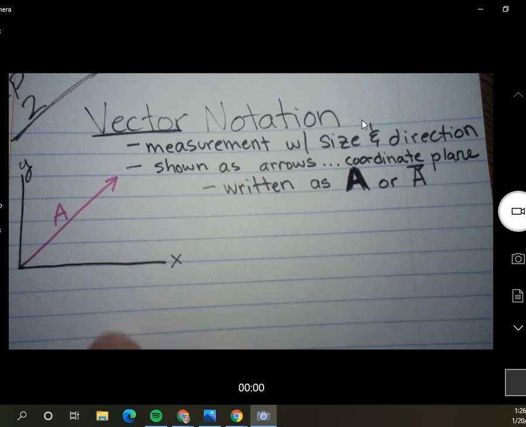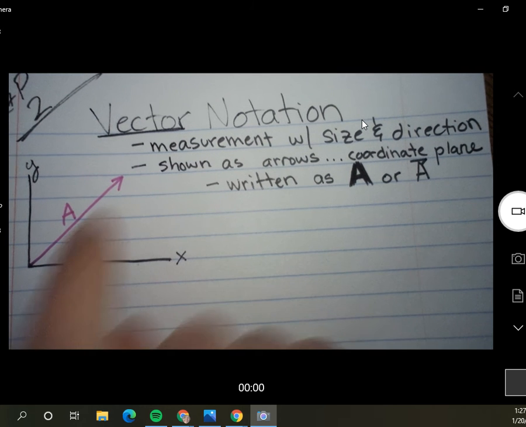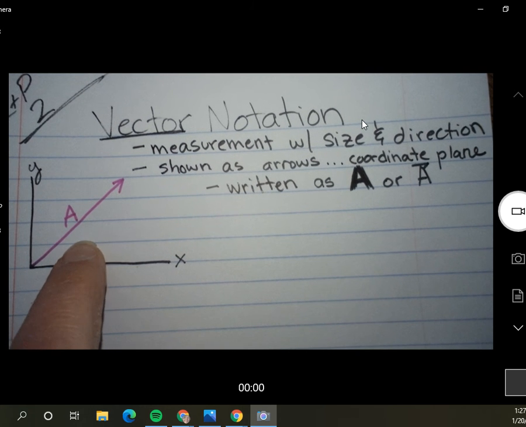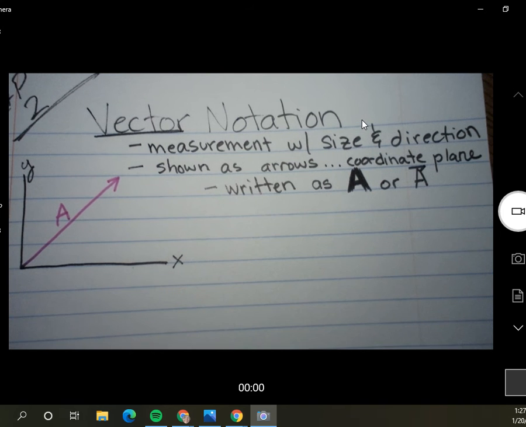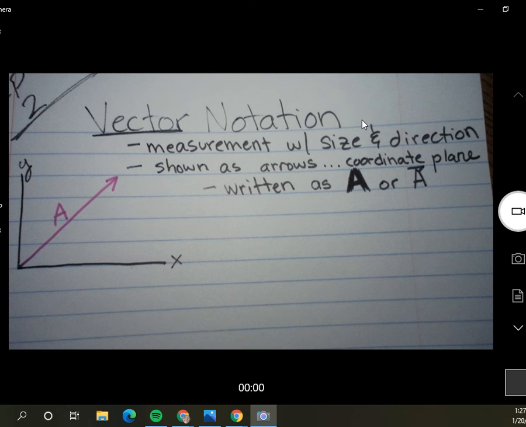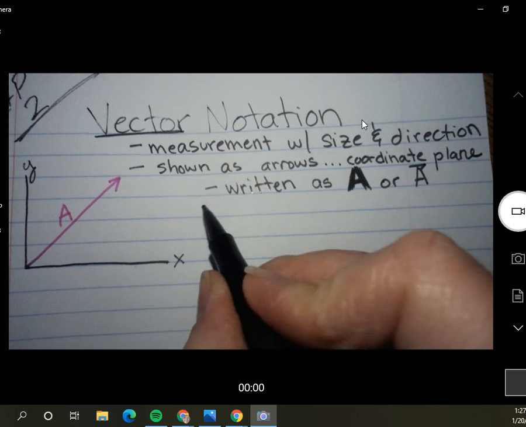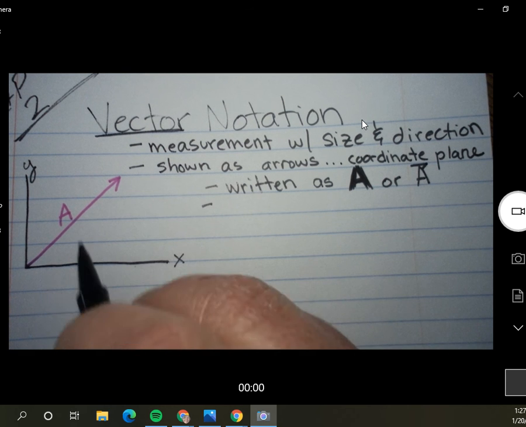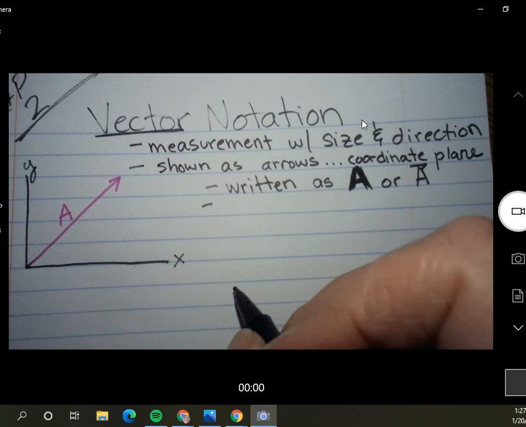So this is vector A. What can you tell me about vector A already? Nothing? Okay. Well, it's one line, I heard somebody say. It does go up, so if this were a regular graph, it has a positive relationship. It's going up.